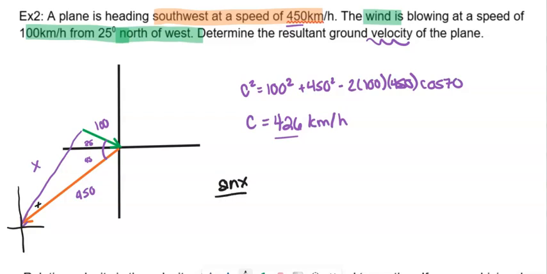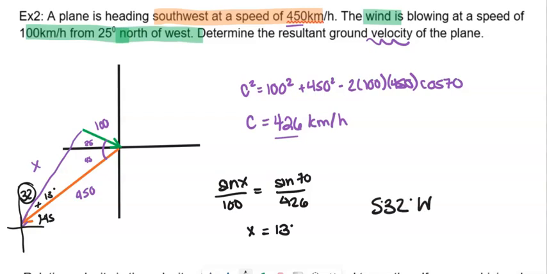So sine of that angle over 100 is sine of 70 over 426. The value of that angle, when I calculate that out, is 13 degrees. I already know that this is 45. I know that all of this needs to add up to 90. So that's going to give me an angle of 32 there. So this plane is traveling south 32 degrees west.